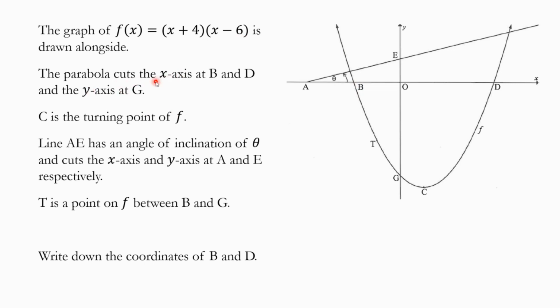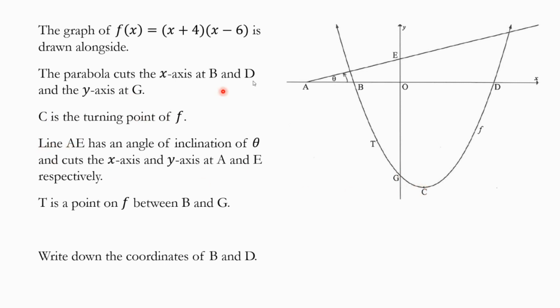The parabola cuts the x-axis at B and D and the y-axis at G. C is the turning point of f. C is the turning point of the parabola.